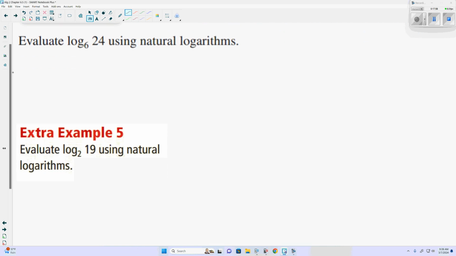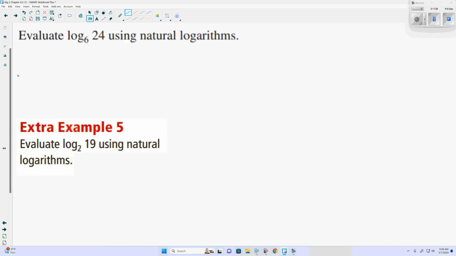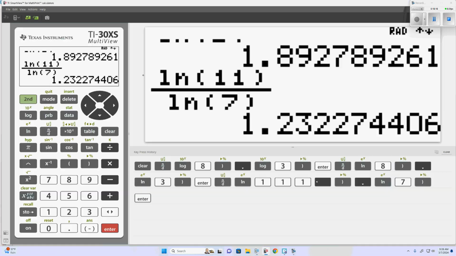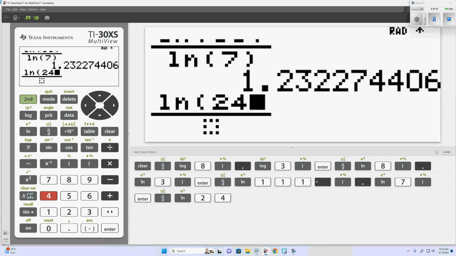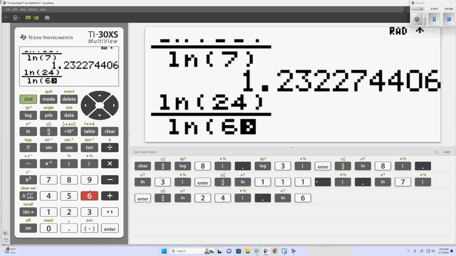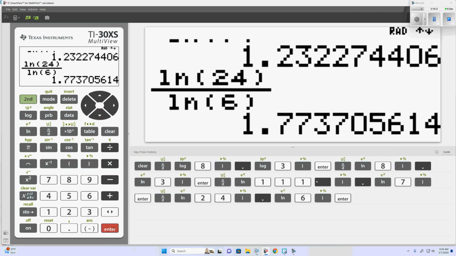Let's do 2 more. Log base 6 of 24. Log of 24 over log of 6, which is 1.774.